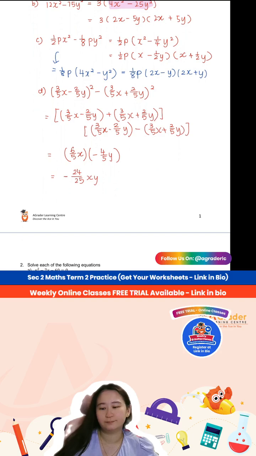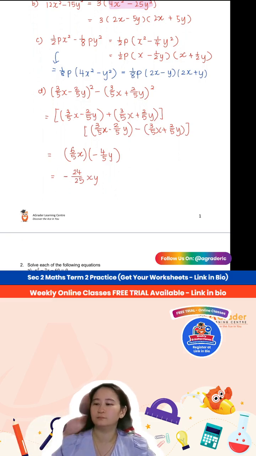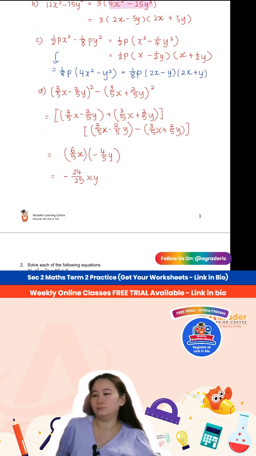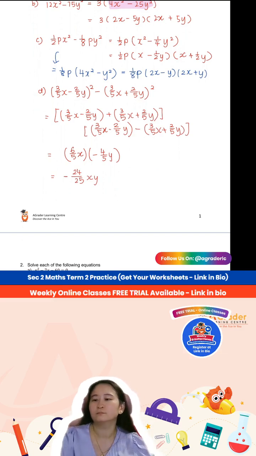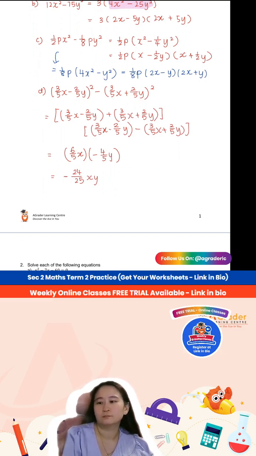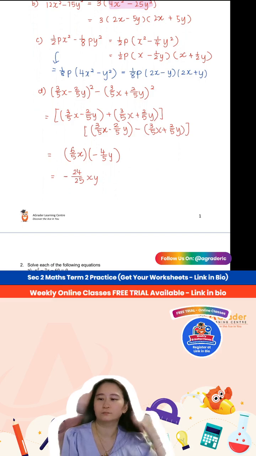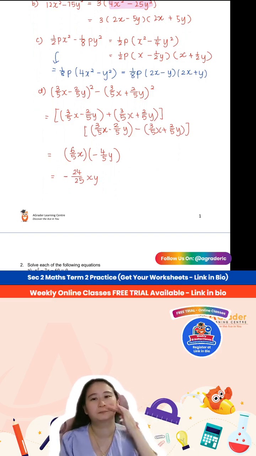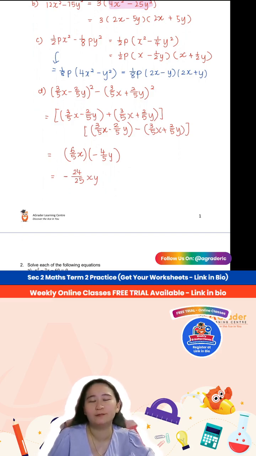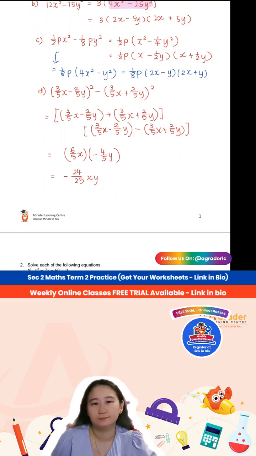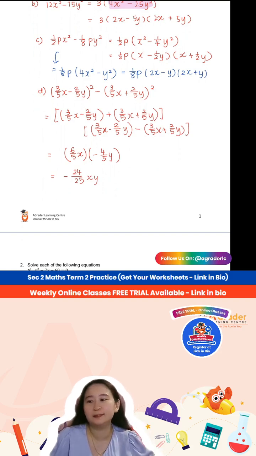Can? This is Sec 2 math, G3 level. Have you learned this?